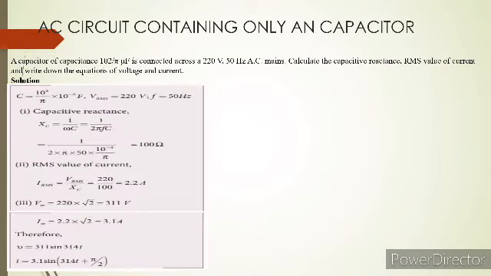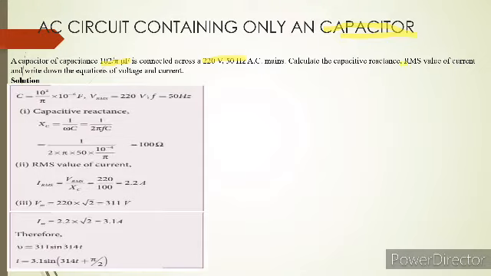Now in the last slide we have seen the circuit which contains an inductor, but here we'll see the circuit which contains a capacitor. Here I have taken an example for that. A capacitor of capacitance 0.2 pi microfarads is connected to 220 volts and 50 hertz AC.